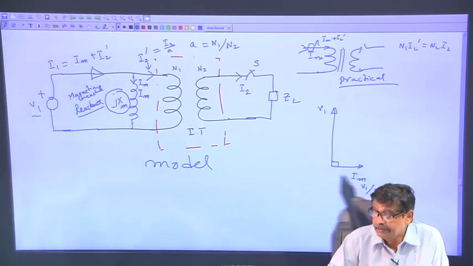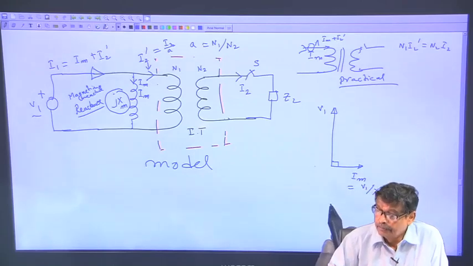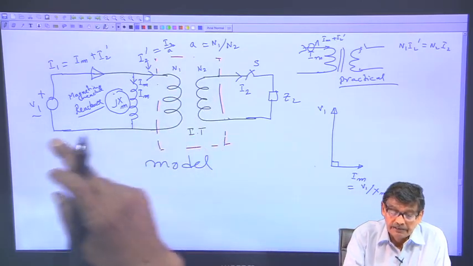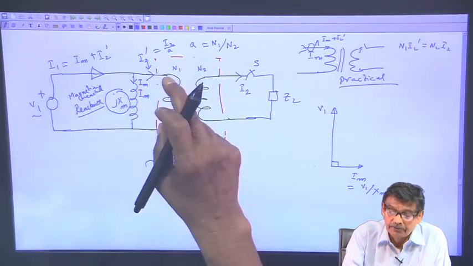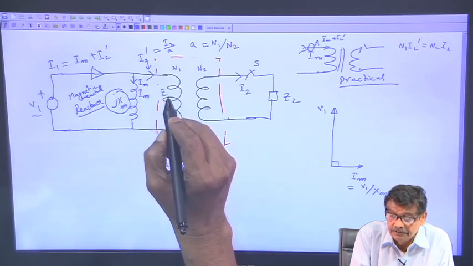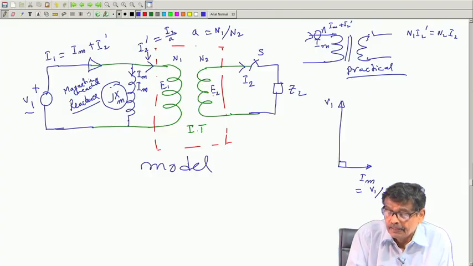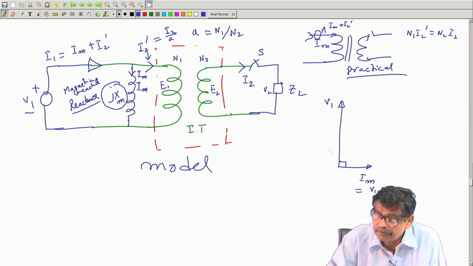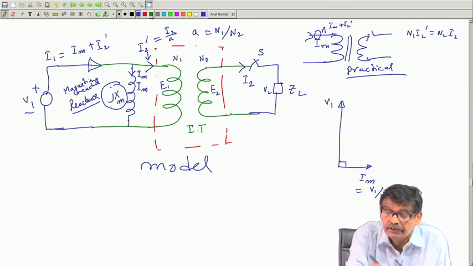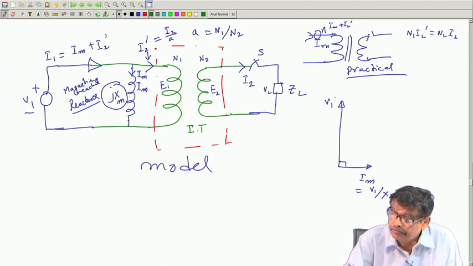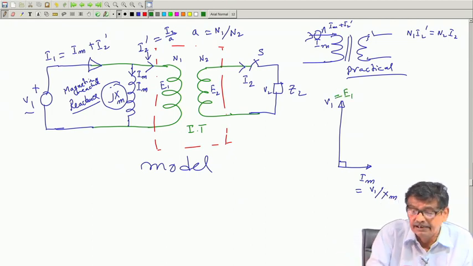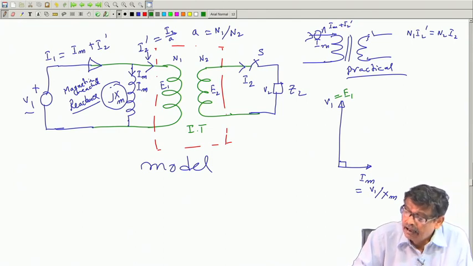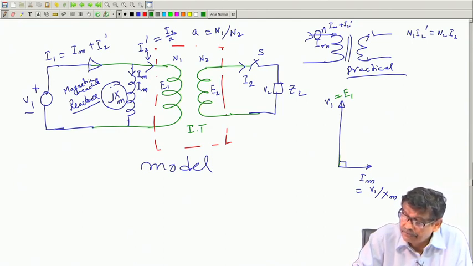Then I am completing the phasor diagram once again, and suppose this is V 1, the voltage applied to the ideal transformer is V 1. So, this is E 1, this is E 2 and this is V 2. V 2, E 2 etcetera, they are all same. Depending upon the turns ratio, this V 1 is nothing but E 1, that still remains, nothing in between, and this will be your V 2 which is same as E 2.